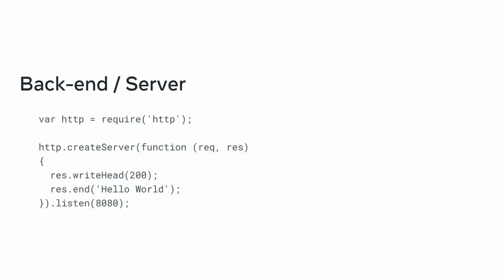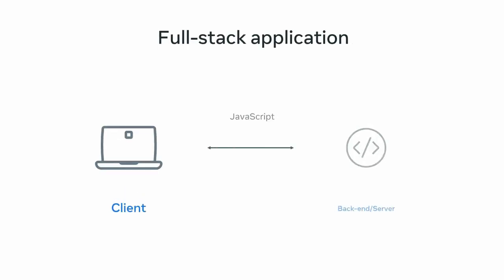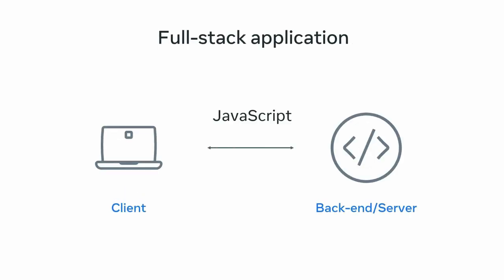After Node.js became available, it was possible to use JavaScript on the backend or on the server side. This means that today you can write full-stack JavaScript programs. In other words, you can write JavaScript on the client and on the server.